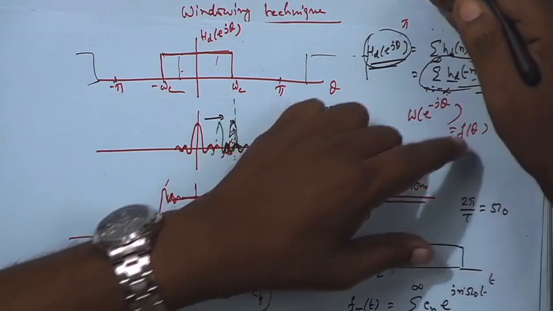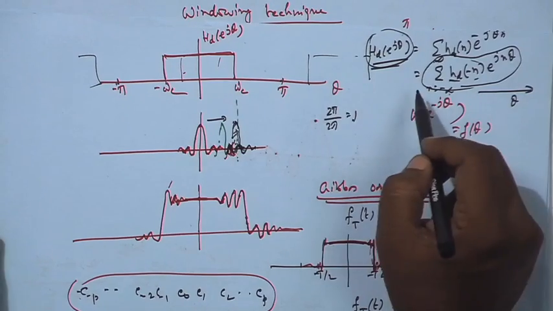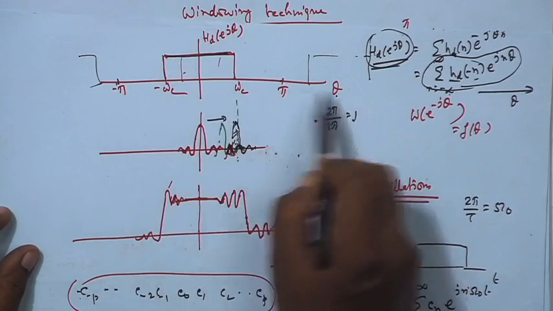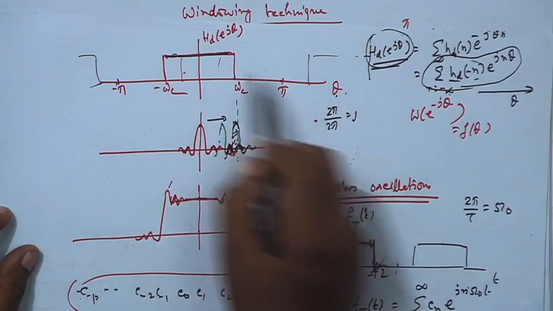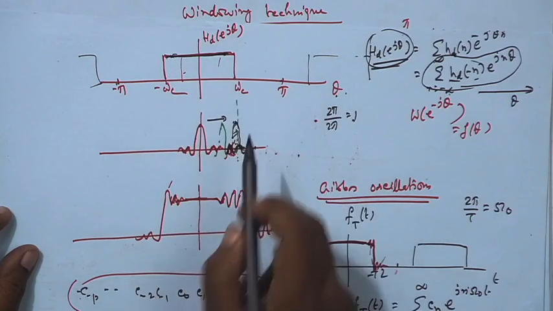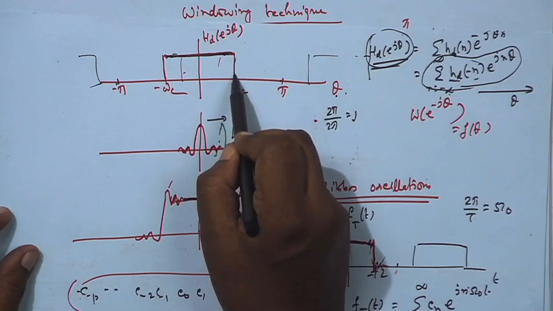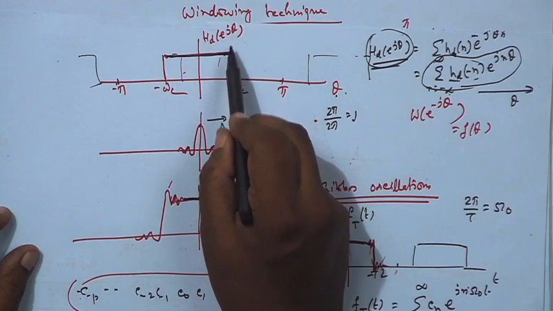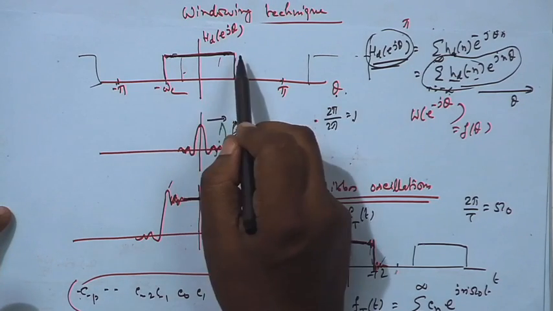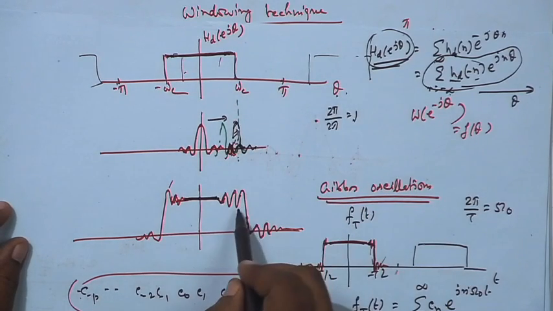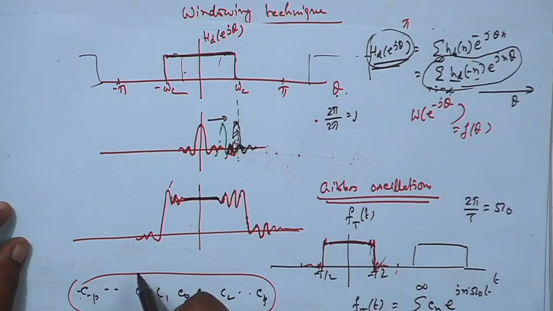As a result, when I add them on the right hand side, as far as the low frequency part is concerned, the variation versus theta will be matched. But there is an abrupt transition from high to low, which reflects the presence of high frequency components. There we will have oscillation, there is a mismatch, and that is what you see here, this Gibbs oscillation.